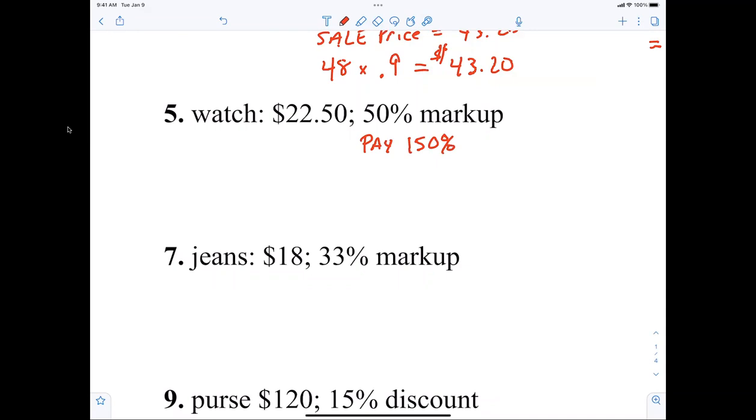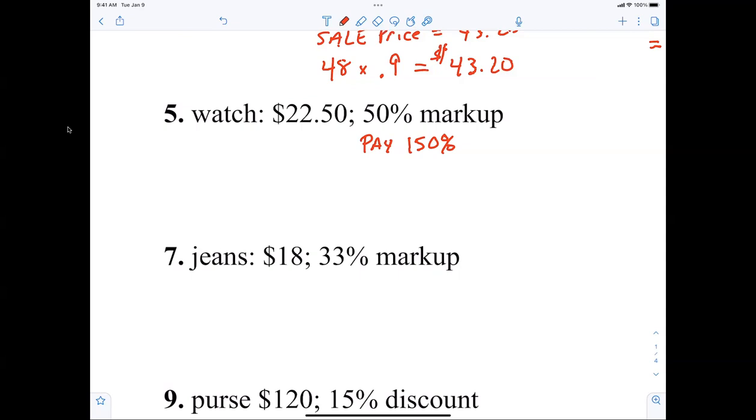Now, how do I know it's 150%, Mr. Williams? Tell him. I'm not asking that. I'm just saying, when you mark it up 50%, explain it to him.